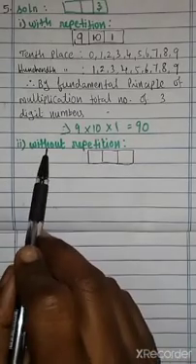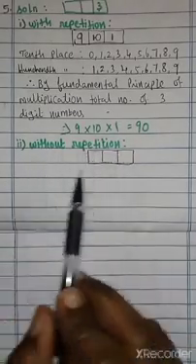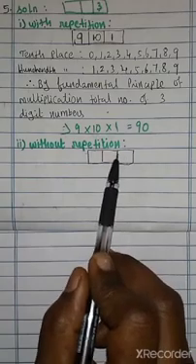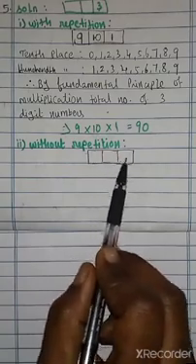Next subdivision, without repetition. What does it mean by without repetition? We should not use the number which is repeating here.